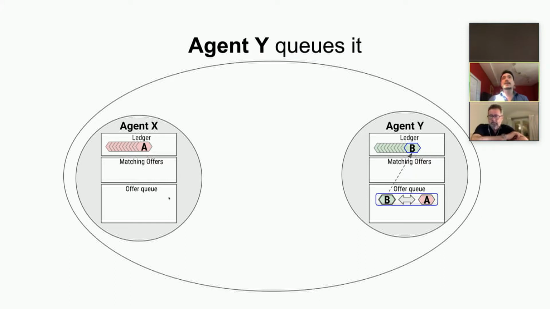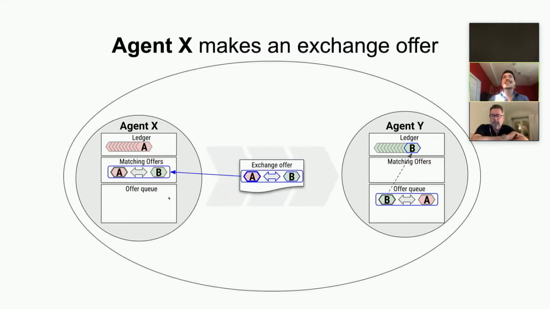Once agent Y queues it, later agent X may make an exchange offer, in this case a matching offer of the equivalent amounts. For simplification purposes, we're leaving amounts out here, and we're just assuming that the match is going to be exact, and there's no partial matching, but partial matching follows the same logic.